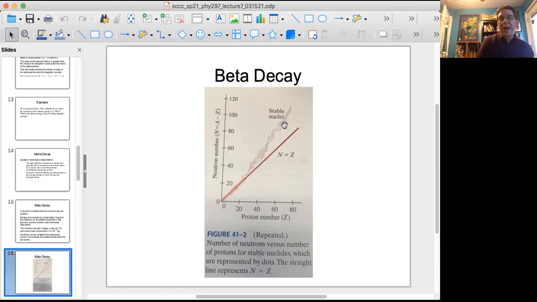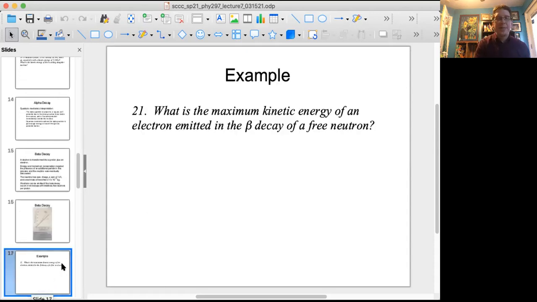So for positrons to be emitted, typically you need a nucleus that has fewer neutrons than the stable nucleus. Most radioactive isotopes have more neutrons than the stable nucleus. So that's something to keep in mind.